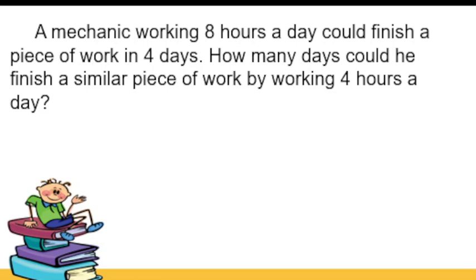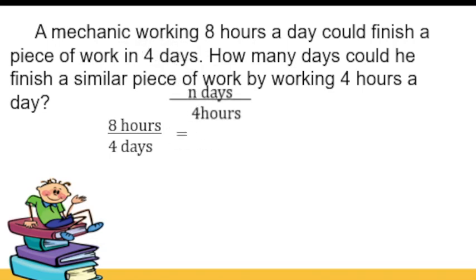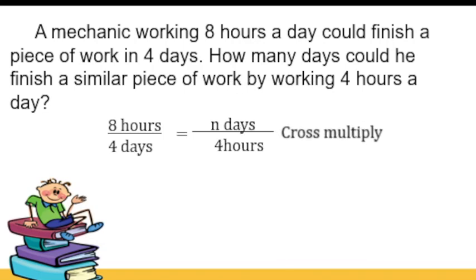Okay, so we have 8 hours for 4 days is equal to n days for 4 hours. So we are looking for the number of days if the number of hours decreases. So cross multiply, we have to cancel and then that will become 4n is equal to 8 times 4.